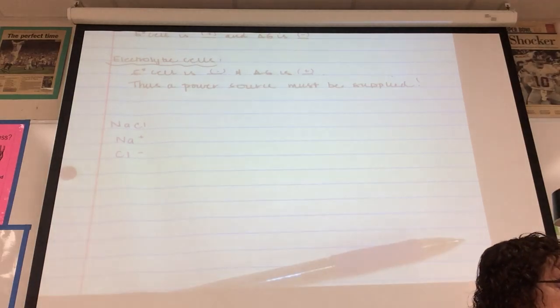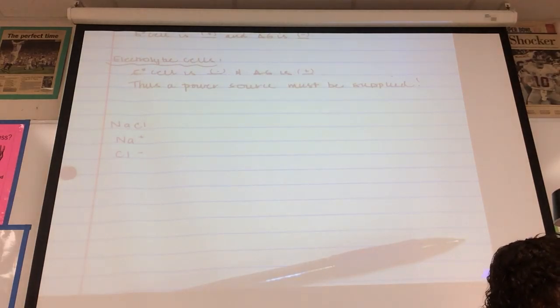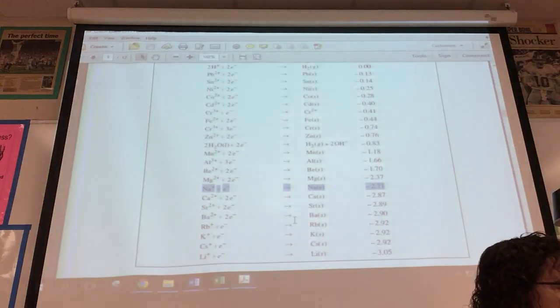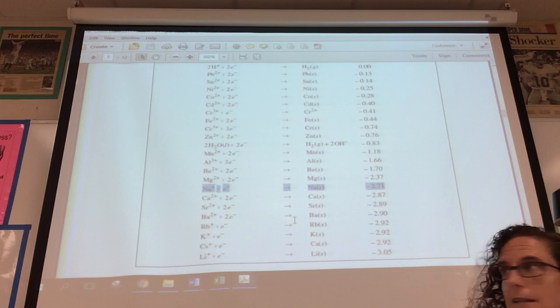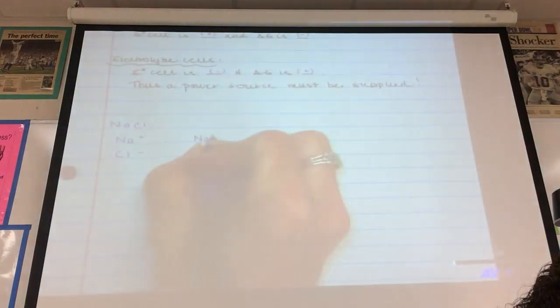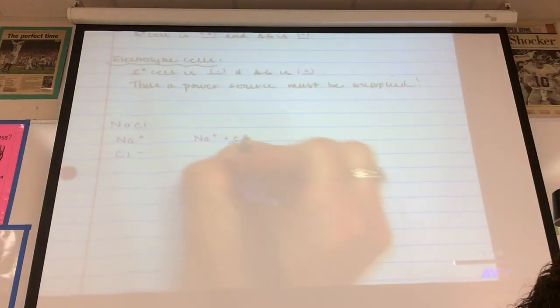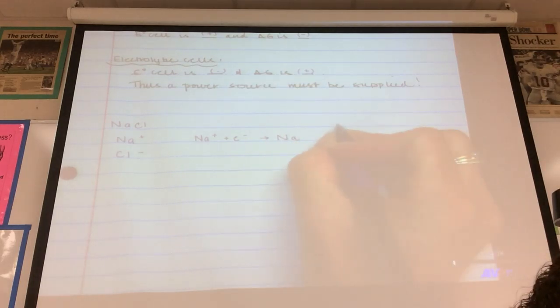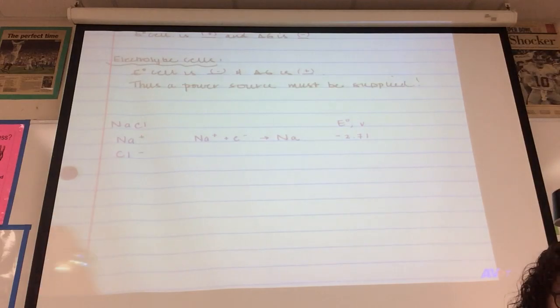If they gave you a table of standard reduction potentials, something like the one provided in older AP exams, you see highlighted in blue there is the reduction of sodium ion through the gaining of an electron to generate sodium with a standard reduction potential of negative 2.71 volts.